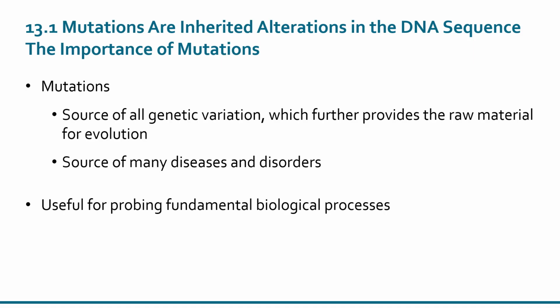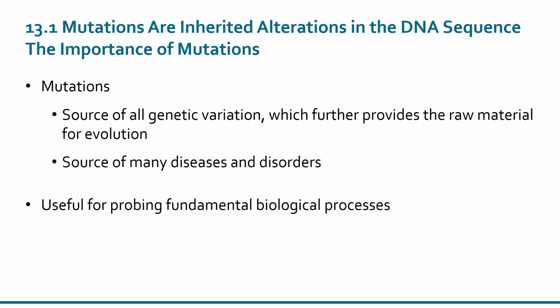But one of the key things about mutation is that it is the ultimate source of genetic variation. So we have talked in the semester about how genetic variation comes from the process of meiosis and recombination and independent assortment, combining of genomes, all of that.